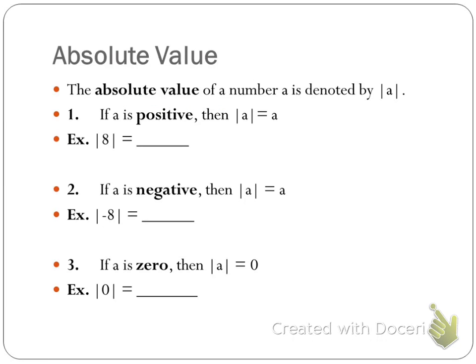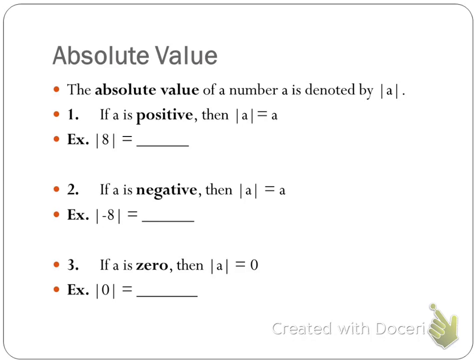The absolute value of a number is denoted by absolute value of A. So A is inside those bars. Those are the absolute value bars. When you write those, make sure that you make them long enough so that they don't just look like a number 1 or an 11. Okay, they should be a little bit taller than the numbers.